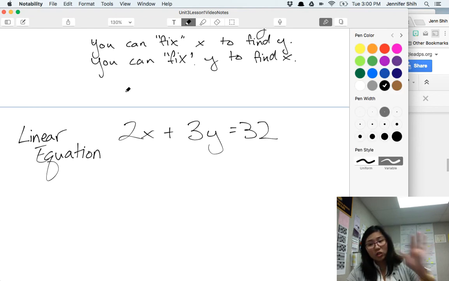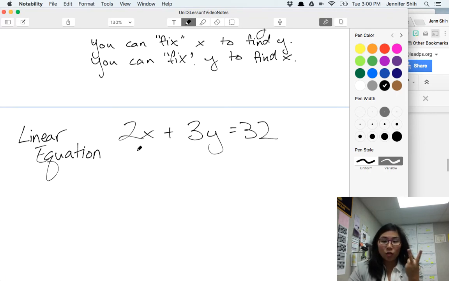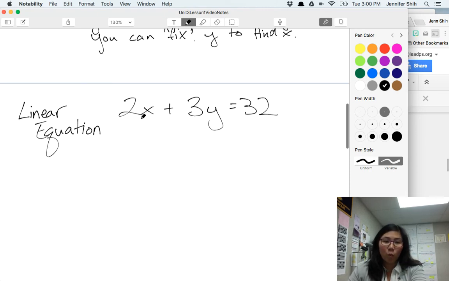This is quintessential Algebra 1 material. A linear equation is when you can have two variables, x and y, and this is in something called standard form. This is a linear equation.